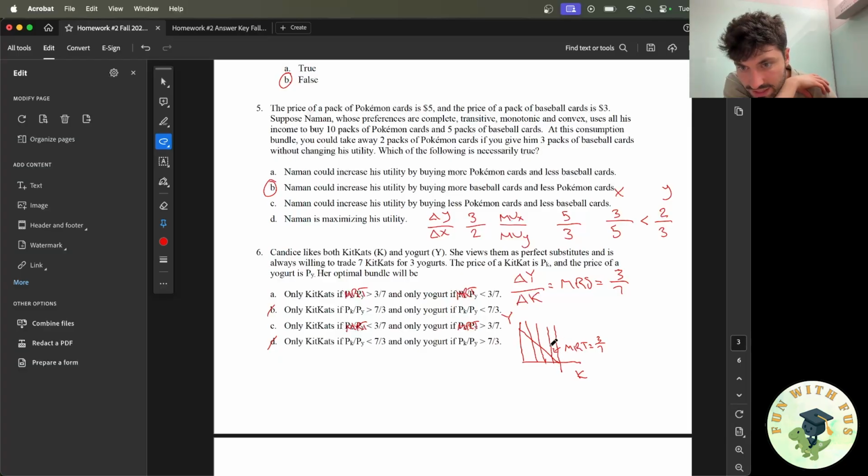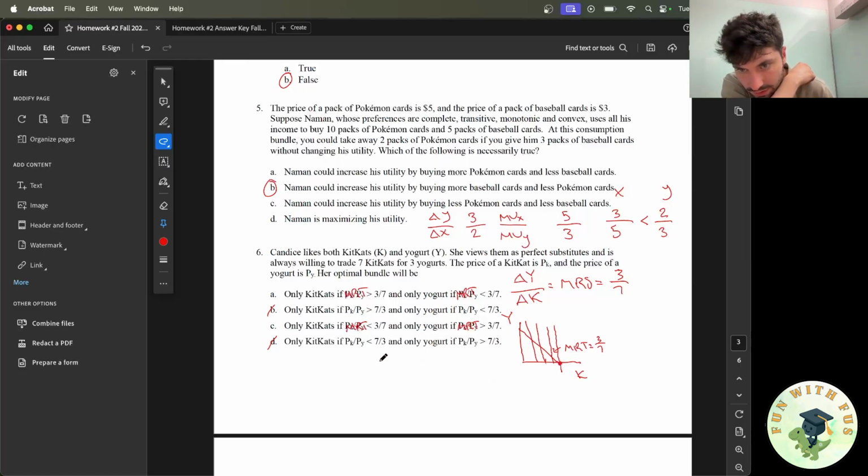The highest meaning the farthest away from the origin. So when we have an MRS that is more steep than our MRT, our original budget line, then I am only going to buy Kit Kats because this was our farthest point.